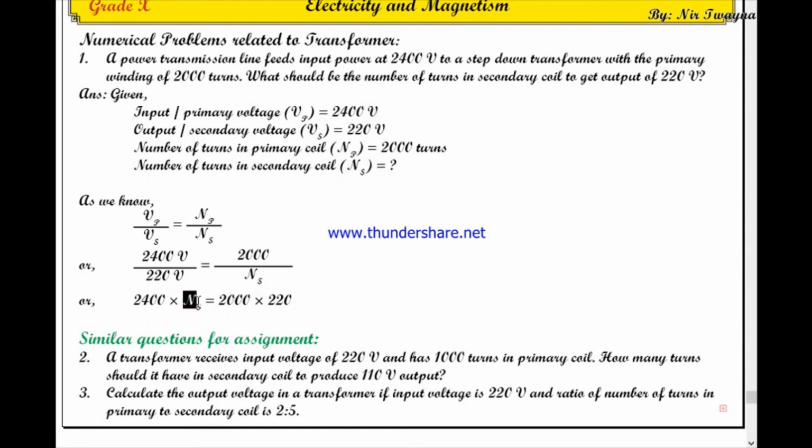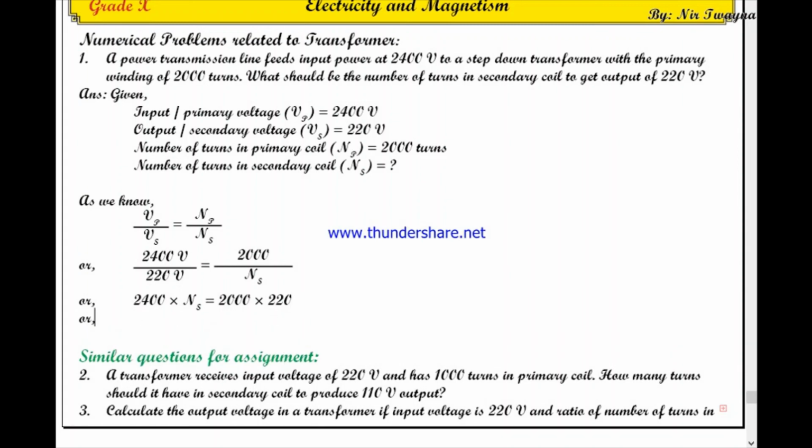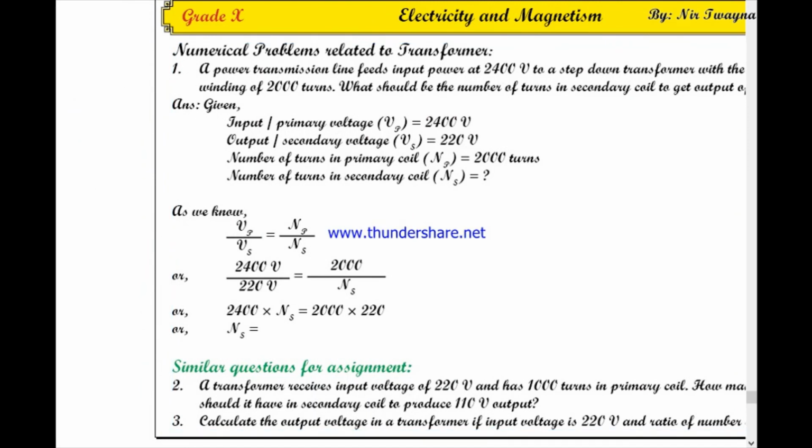Now you need to find out the value of Ns. That means you need to remove 2400 from the left side. How do you do that? Ns equals, it will be divided on the other side. Yes, Ns will be 2000 multiplied by 220 by 2400.